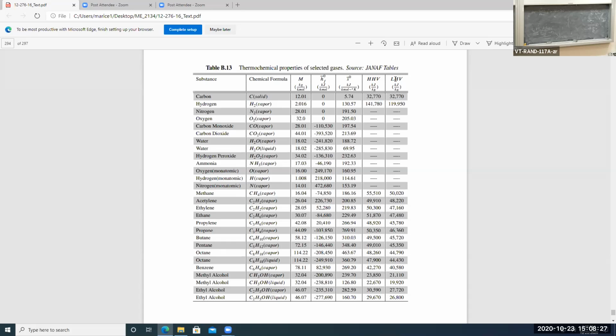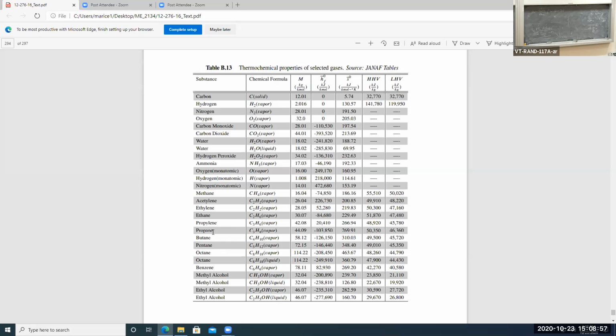If the H2O is a liquid form, then we get the maximum heat out of the reaction. If the H2O in the product is a vapor, we get less heat out of the reaction. So the lower heating value refers to the H2O in the products being a vapor, and the higher heating value refers to the H2O in the products being a liquid.